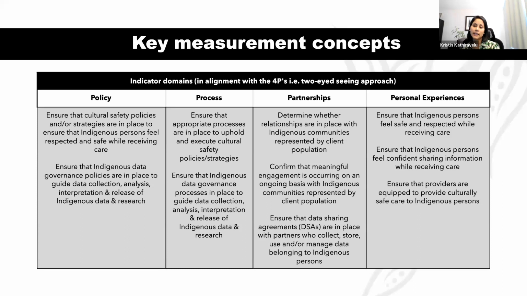This partnership indicator domain also speaks to the existence of data sharing agreements. And you can imagine, based on where an organization is in terms of the spectrum of maturity, one or more of these descriptors may be met. And so it gives you a sense of where you want to be and where you are right now.